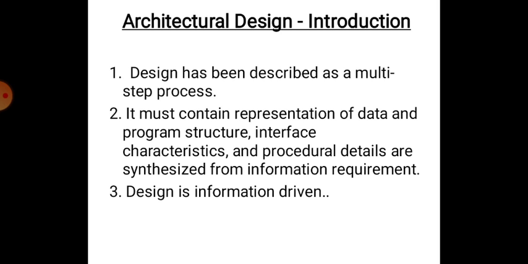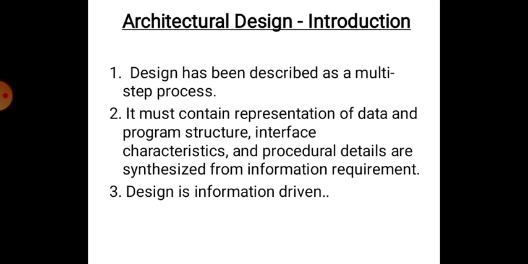Students, design constitutes a number of steps that we shall study as we proceed. And design is information driven. That is, you cannot go in for design without available information. From where do we get information? We get information from the process called information requirement.